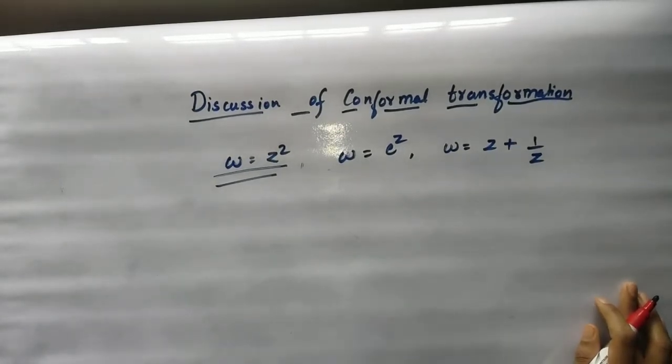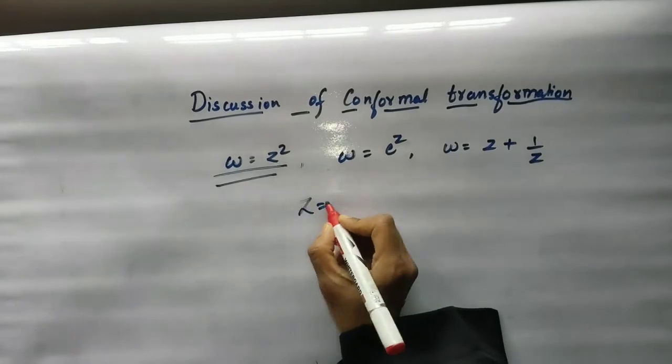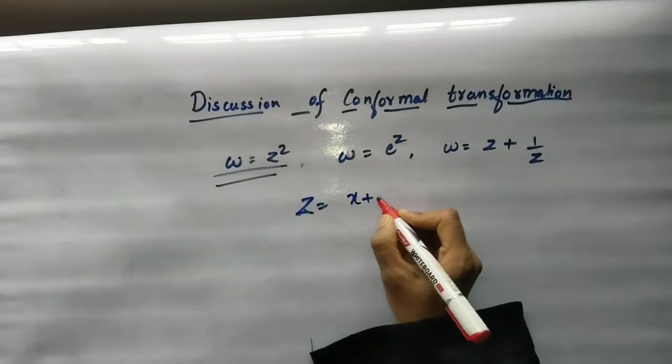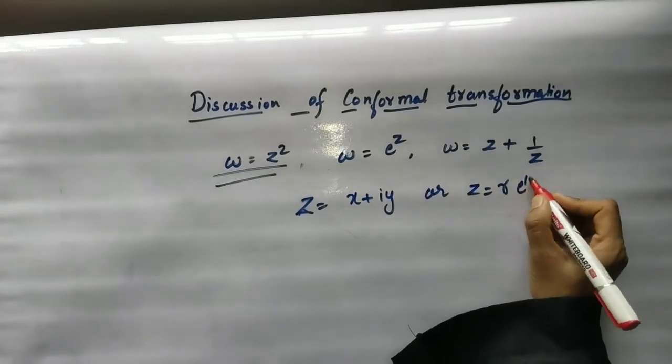So let's see what happens here and how to take the image. What exactly we will be doing here is, given any curve or any kind of image in the z plane, how it will be transformed in the w plane. For that, we first put z is equal to x plus iy, or z is equal to r into e to power i theta.